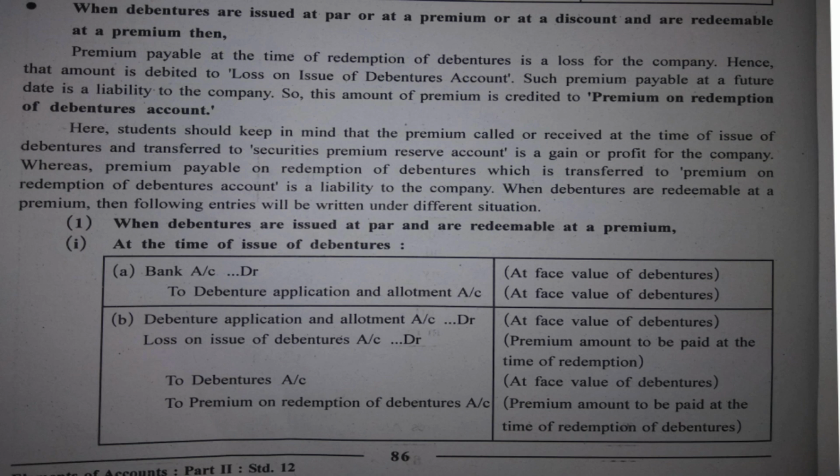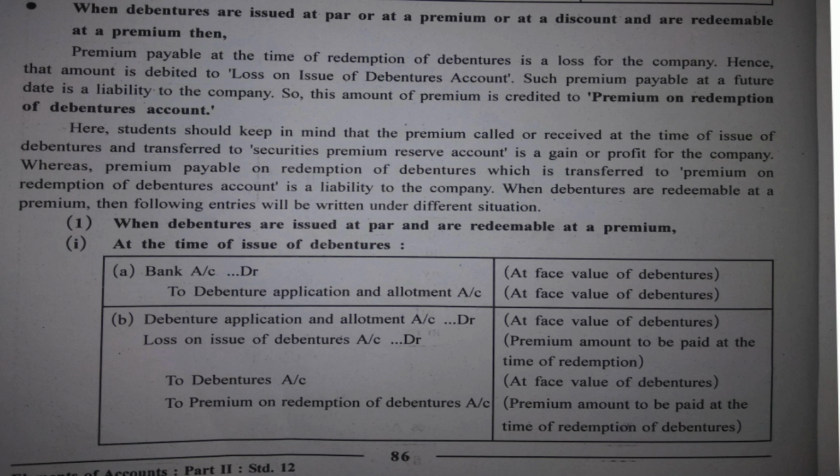The simple example that I can give for this is, say, a debenture is of rupees 100. A debenture holder will purchase the debenture for rupees 100 and the company will return him more than 100 rupees at the time of redemption of debentures.